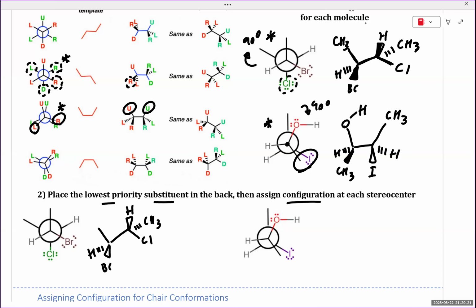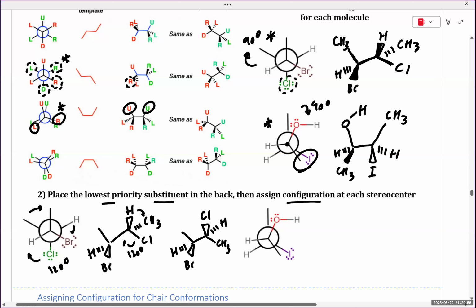So one quick trick that we can do is we're going to take these substituents and rotate them 120 degrees. So if you had your initial Newman projection, we're just rotating those back carbon substituents 120 degrees. This in turn gives us the chlorine with a wedge, the hydrogen with a dash, and the methyl group drawn flat.